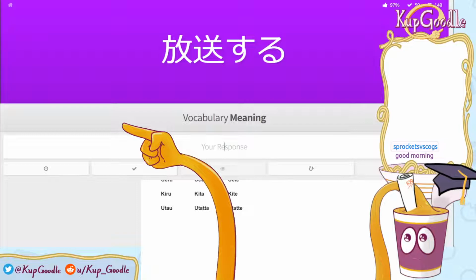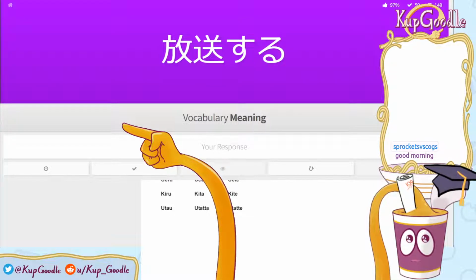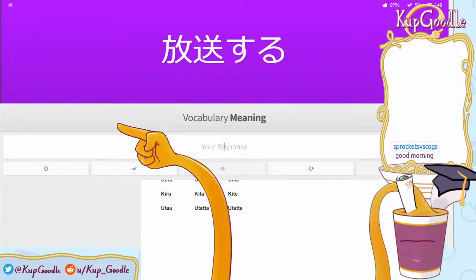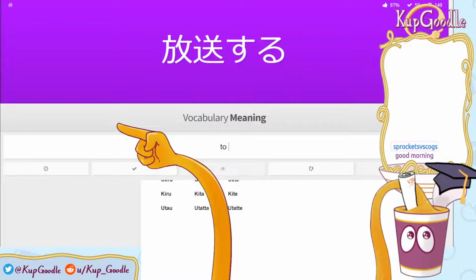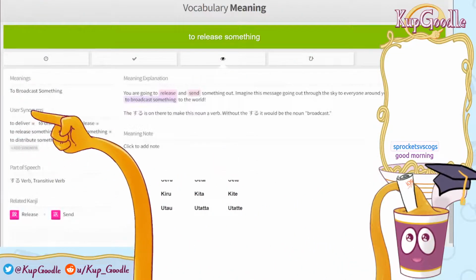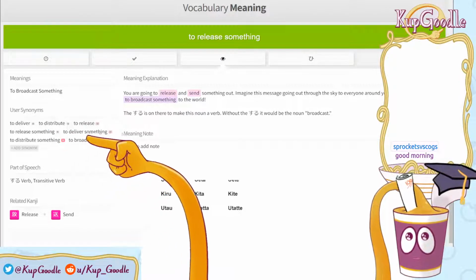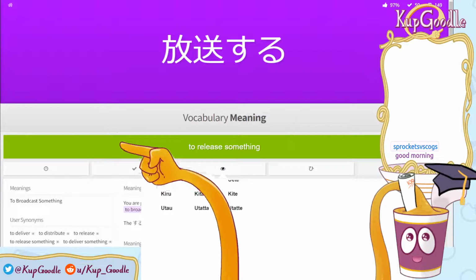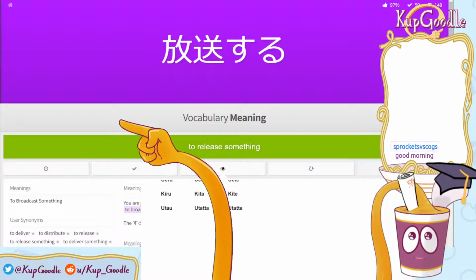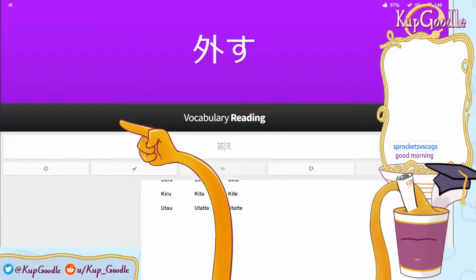I will just say to release something. To broadcast something. All right, yeah. To distribute, release, broadcast, deliver. To broadcast. I knew it was kind of electronic.